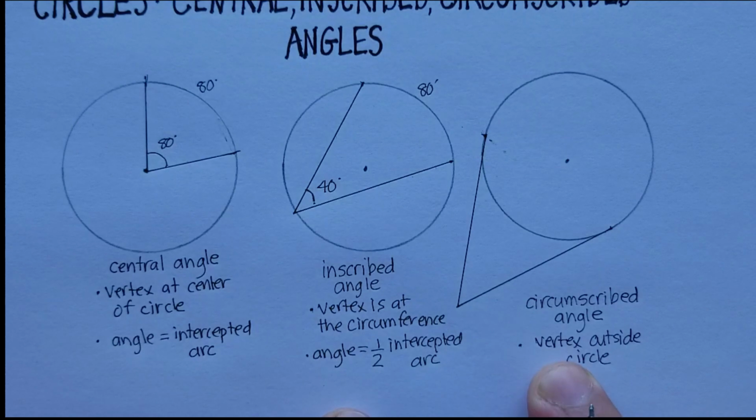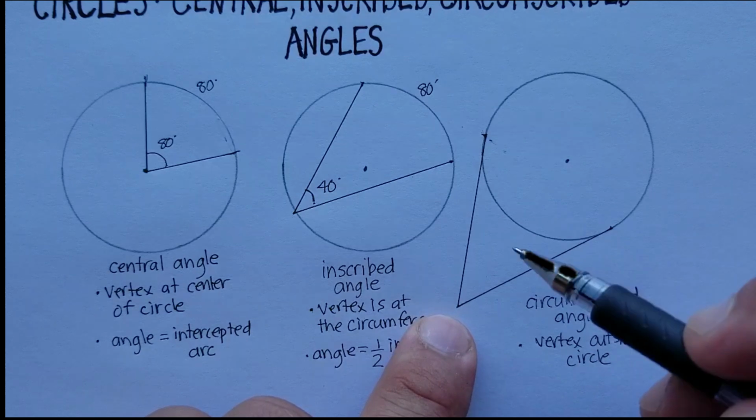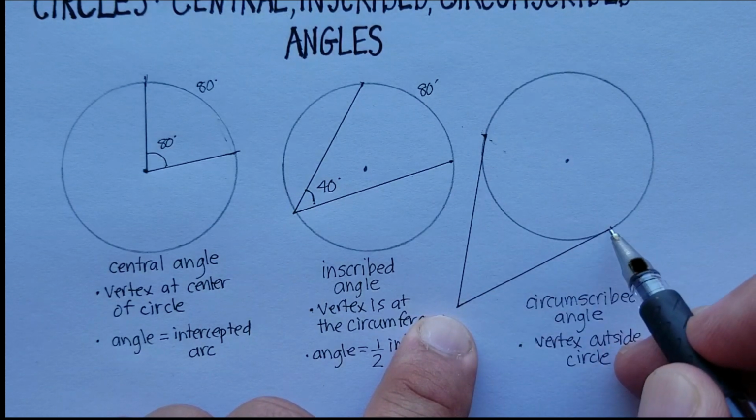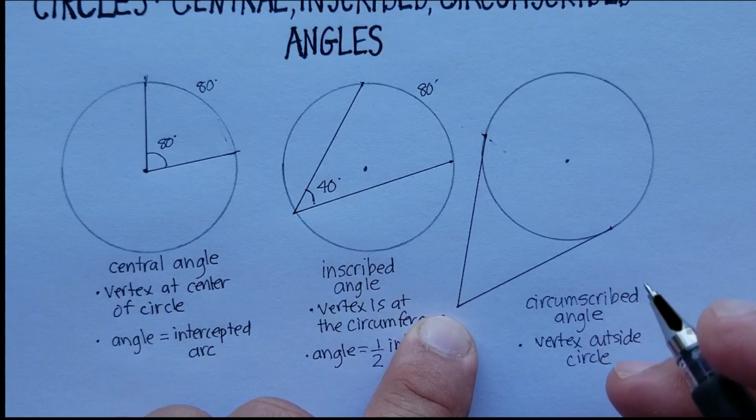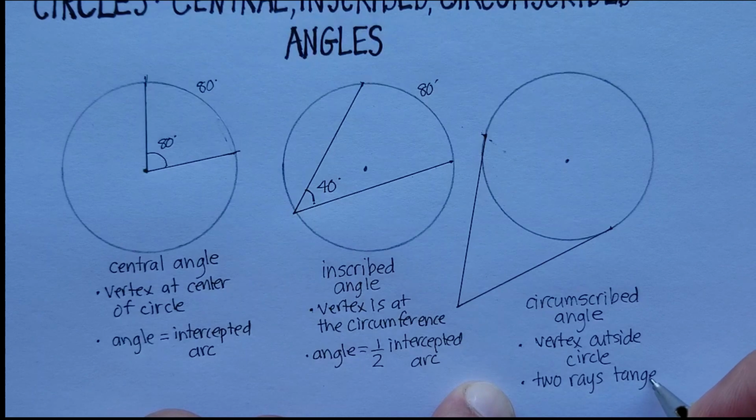Now, for a circumscribed angle, it's going to be a little bit more complicated. Let me describe what happens here. A circumscribed angle has two rays that are tangent to the circle.